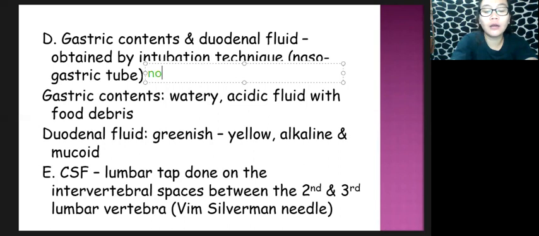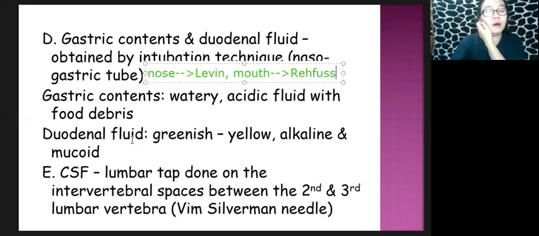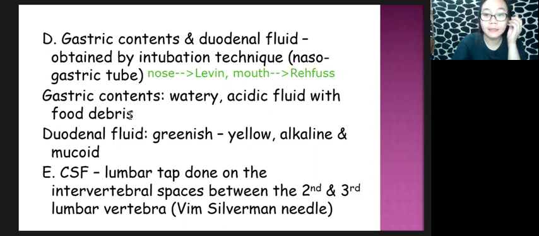Through the nose, we have your Levine, and through the mouth, we have your Rehfuss tube.